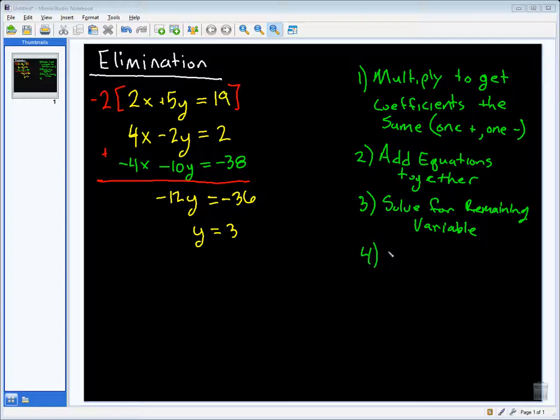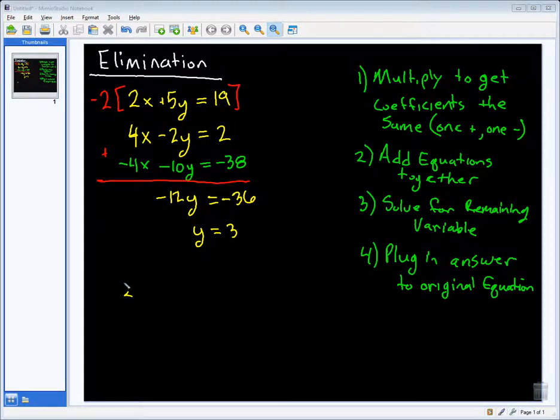Now our fourth step is we want to plug in that answer to the original equation. So we'll take this 3 and we'll plug it into the equation. And I'm going to use the top equation this time.